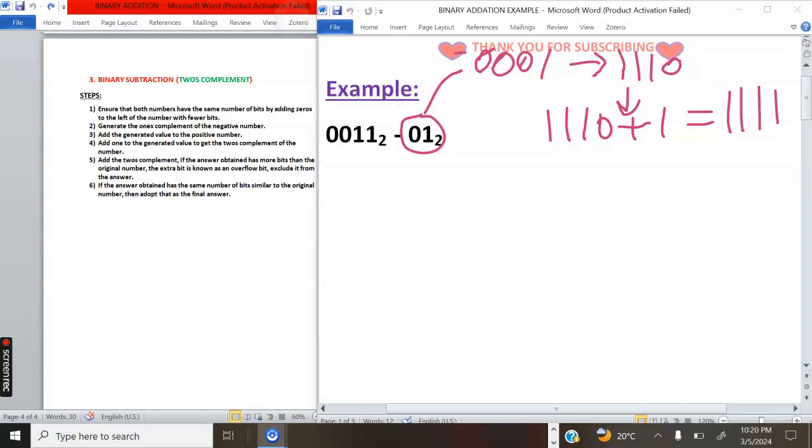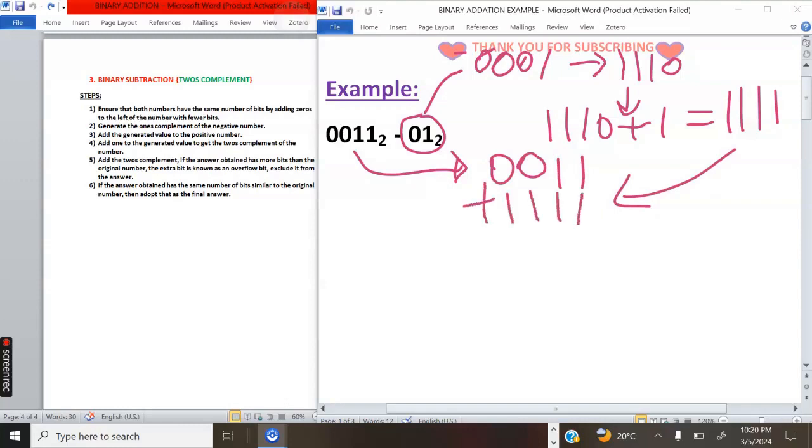Now, for our next step, we have to add the two complement number. So our number, this one, which is 0, 0, 1, 1, and this other one, which is 1, 1, 1, 1, plus.